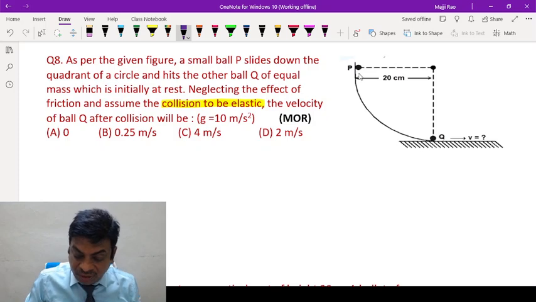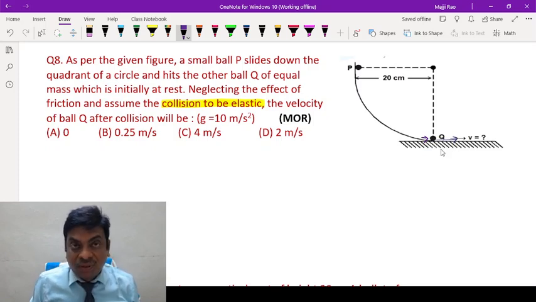So that means the velocity gained by particle P just before collision will be imparted to Q, and Q will come out with that velocity. In other words, we have to find the velocity acquired by P just before it strikes Q.